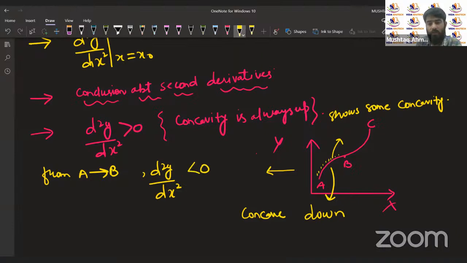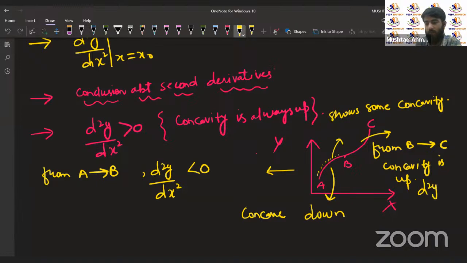It's concave down. And from B to C, the concavity is up, so its second derivative will be greater than 0.